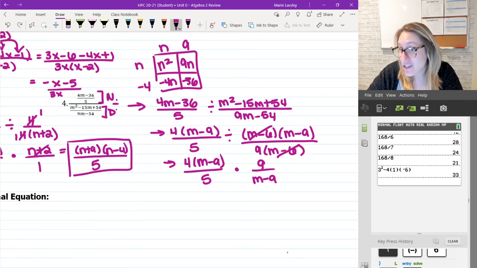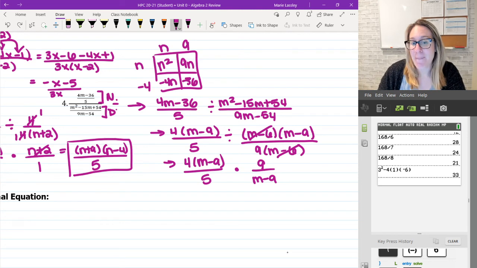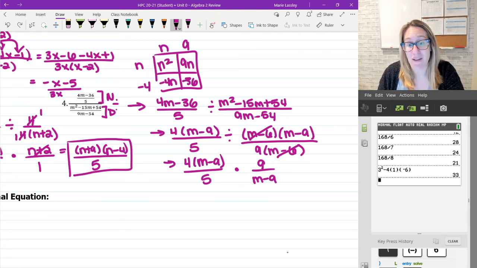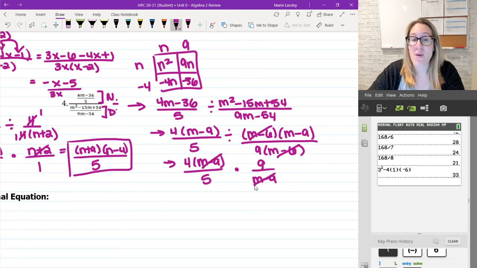But what we can do is we notice that we have an m minus 9 binomial on the first term, and we have an m minus 9 on the bottom of our second term, and those we are allowed to simplify because we have one on the top and one on the bottom, and it's multiplication.